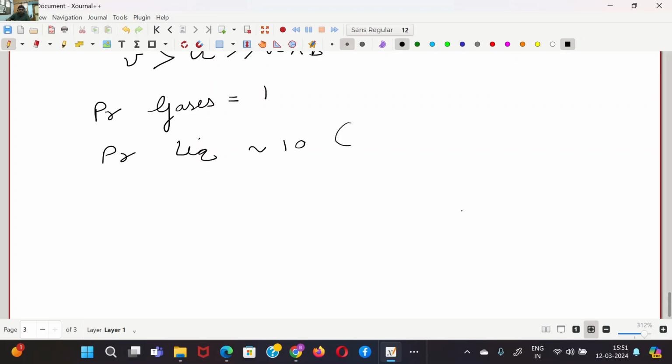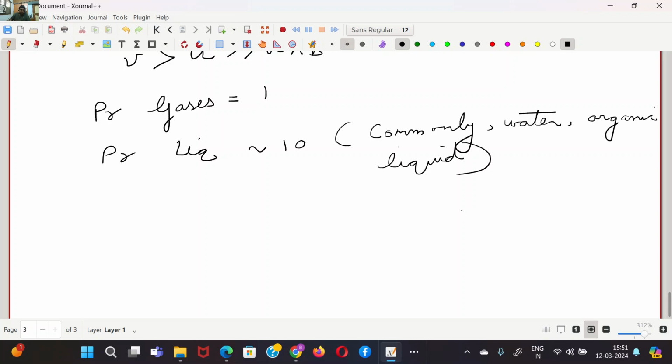Very commonly it's mostly around 10, say for water or some organic liquid, right? Much less than 1 for liquid metals, and much greater than 1 for oils, for lubricants, basically.